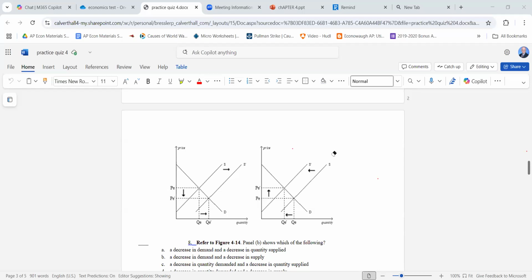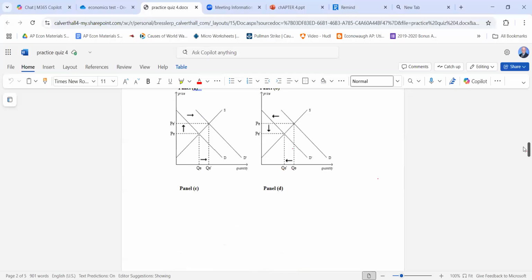Number 7. When supply and demand both increase, equilibrium will. Now, here's what I'm going to do. I'm going to use graphs already drawn for me. I'm going to scroll up here. When demand increases, I got price up, quantity up.